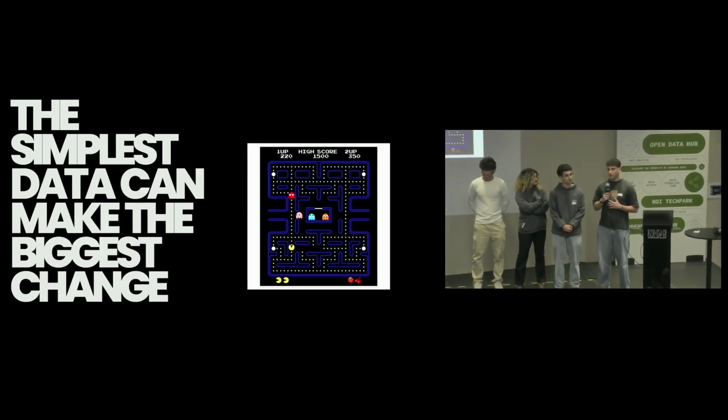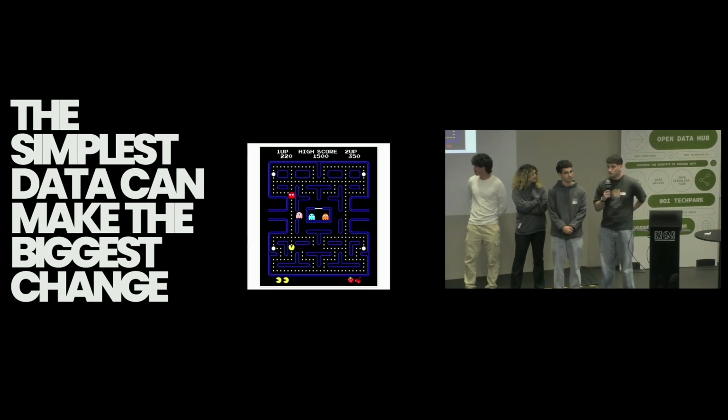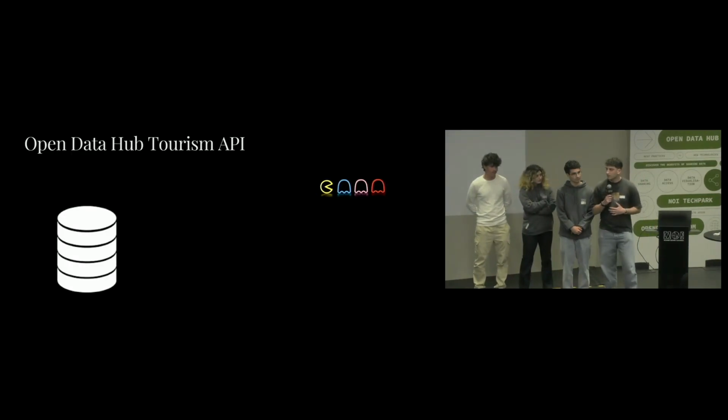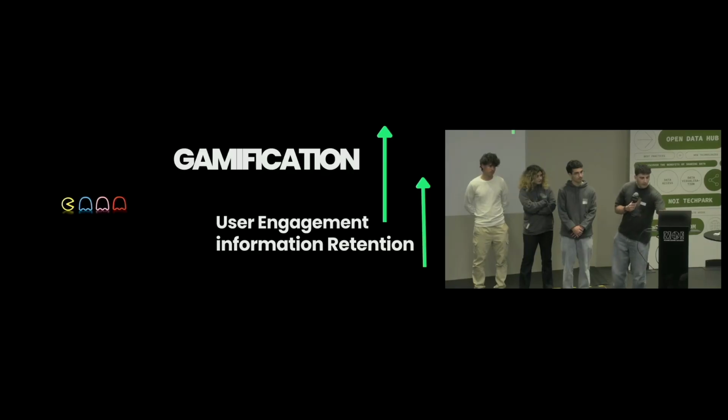We use open source data from the Open Data Hub to create a basic game that helps new people coming to South Tyrol get to know something about it in general. We also used gamification to enhance user engagement and information retention.